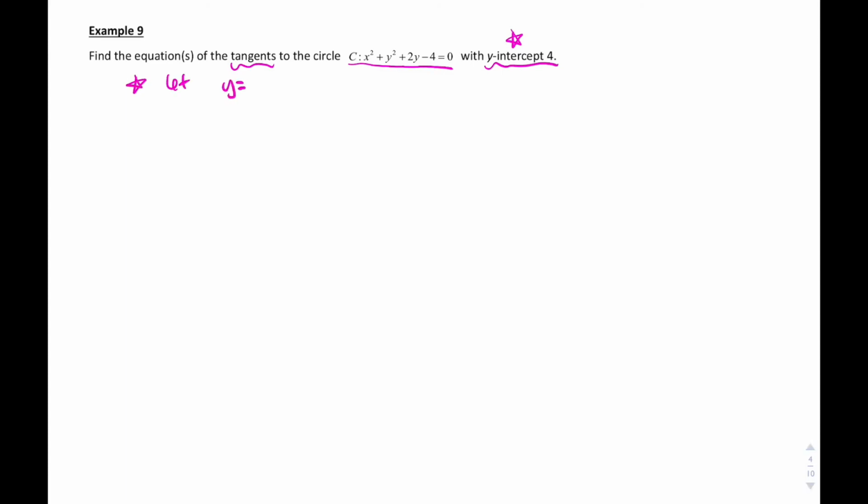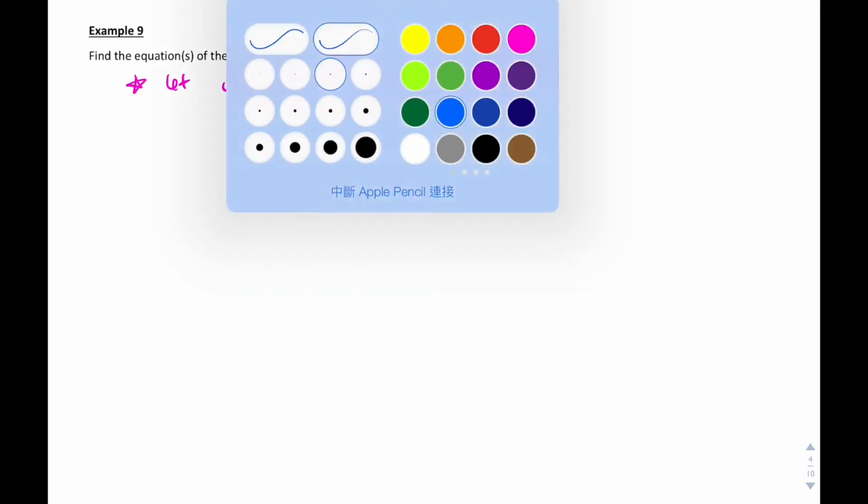So for this case, we let y equal mx plus 4 be the equations of the tangents. And this time, the unknown constant that we need to find is m.